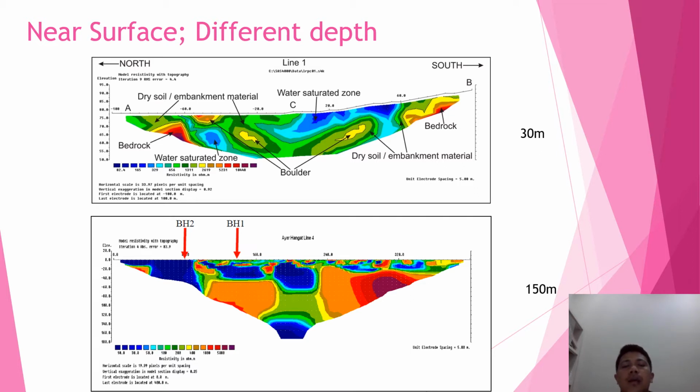And then I like to share, this zone may be intermediate value of resistivity, maybe the cap layer from the silt and clay. And then we have some theory about why the temperature at Air Hangat now becomes cooler compared to the previous time.